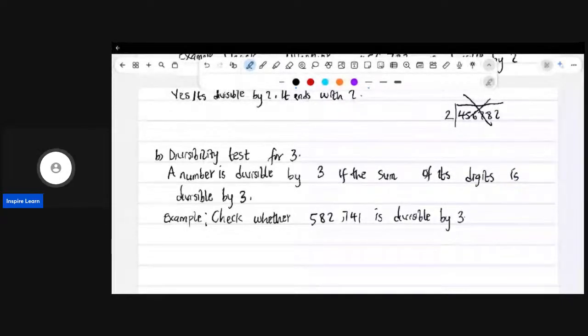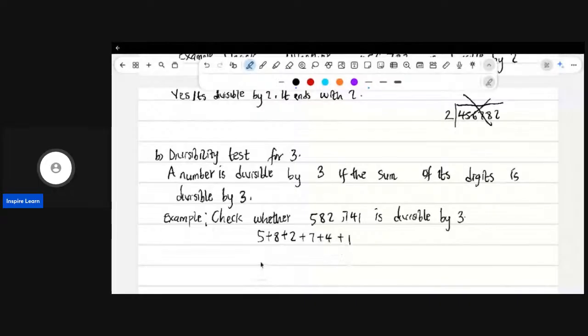Remember, we identify whether a number is divisible by 3 by adding the digits. When you add the digits and divide by 3 and get a whole number, that means the number is divisible by 3. The digits are 5 plus 8 plus 2 plus 7 plus 4 plus 1.